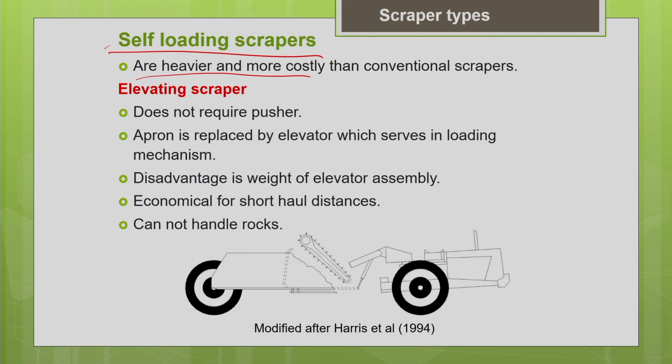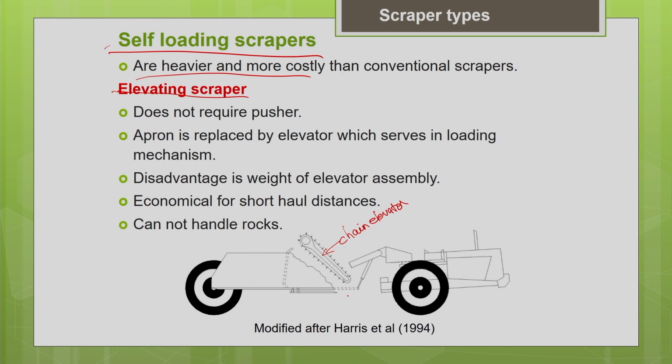So under this self loading there are different types. One such type is your elevating scraper. In the elevating scraper, you can see a chain elevator. So this is your chain elevator assembly. Just like an elevator, you can see a series of flights, kind of steps, arranged on the elevator chain. So instead of an apron, you have this chain elevator.